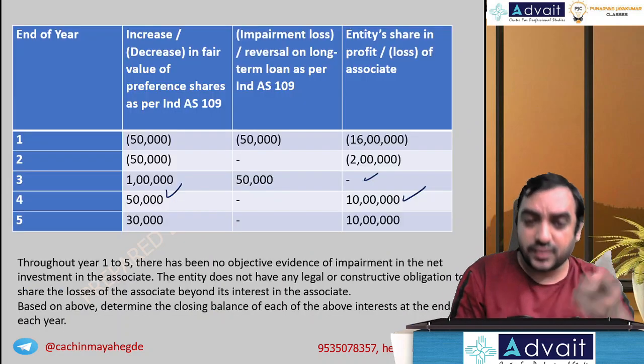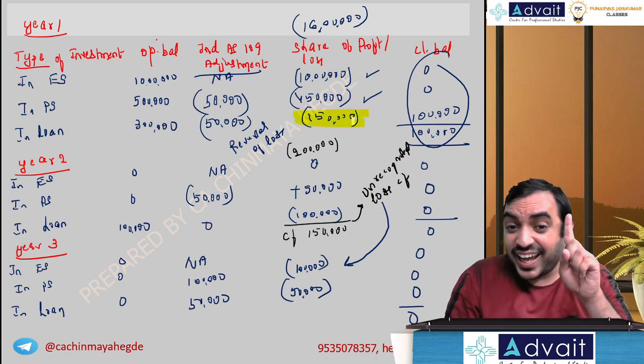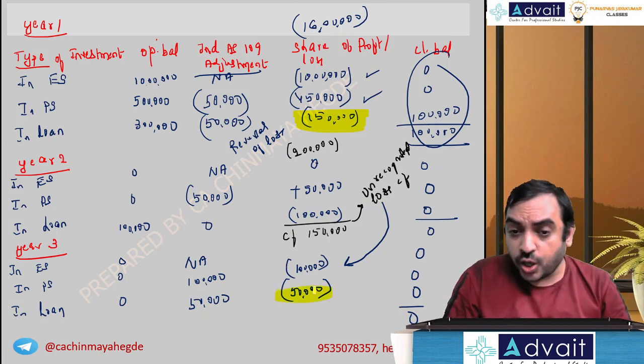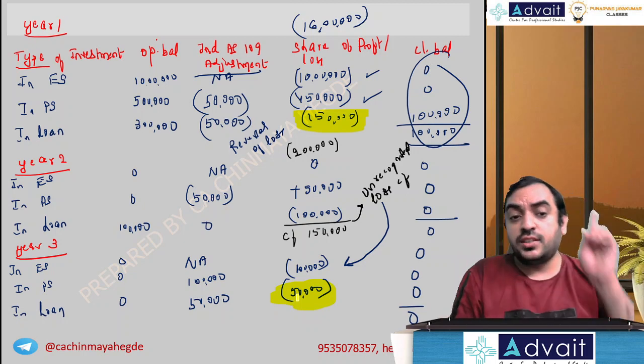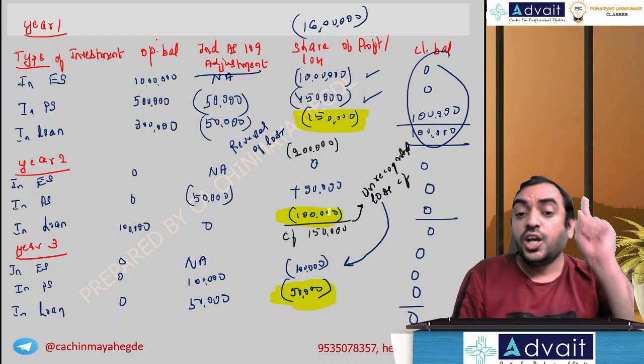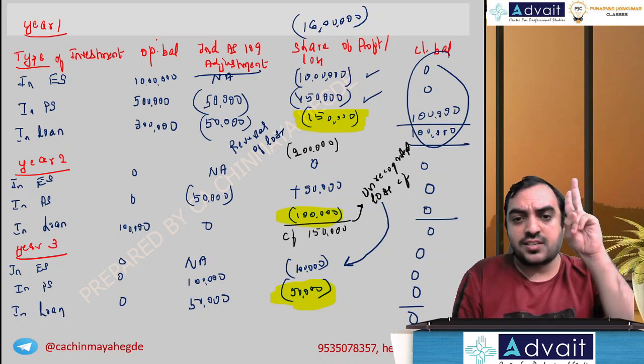Sir, what is our loss? Look at year 1, look at the loan. 1,50,000 was adjusted. Year 2 is also there, sir. 1,50,000 adjusted in year 1, 1 lakh adjusted in year 2, 50,000 adjusted in year 3.